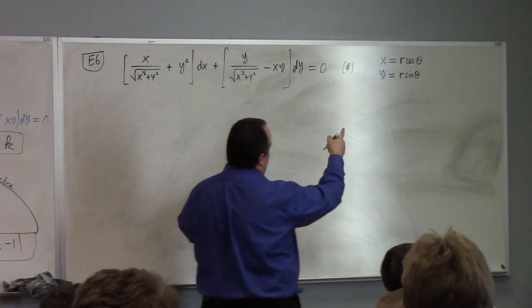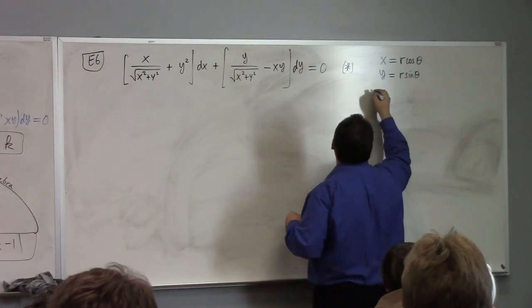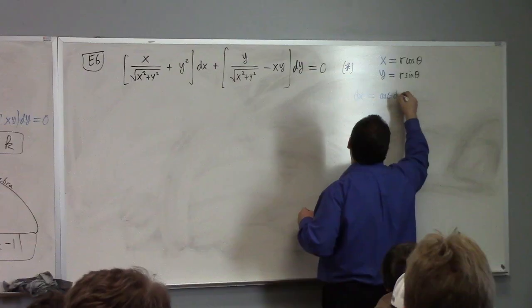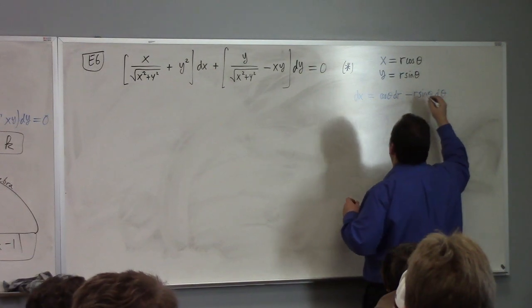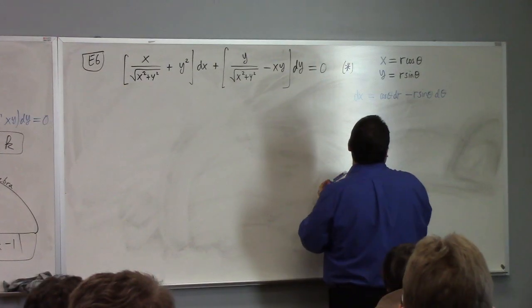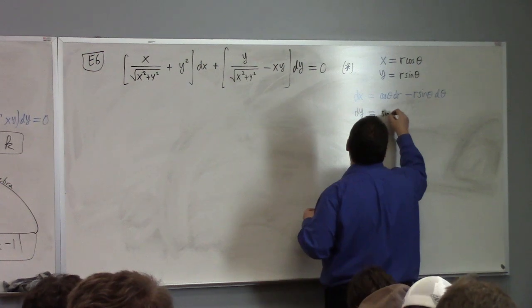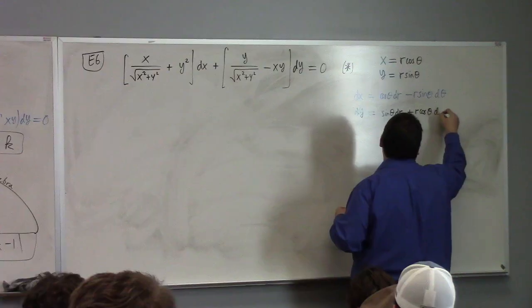So if I take the differential, dx is cosine theta dr minus r sine theta d theta, and dy is sine theta dr plus r cosine theta d theta.